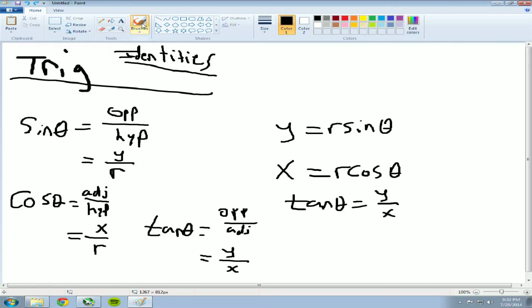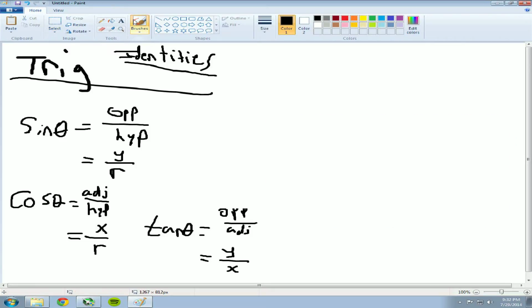So, besides that, I'm going to talk about the different identities we need to memorize. So, we have sine squared theta plus cosine squared theta equals 1. And why does this work?